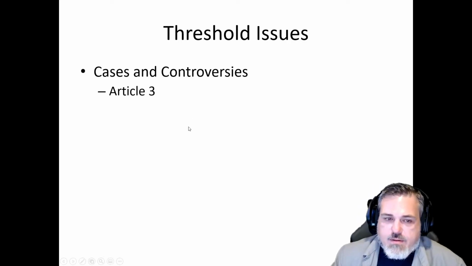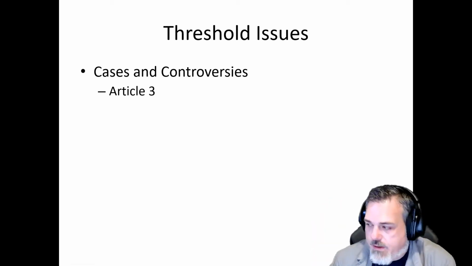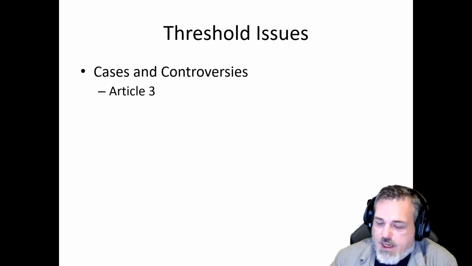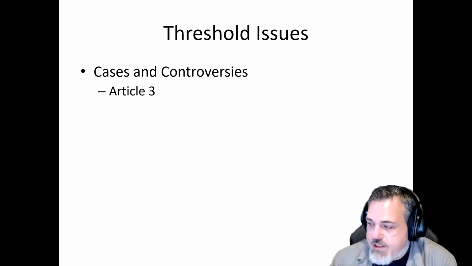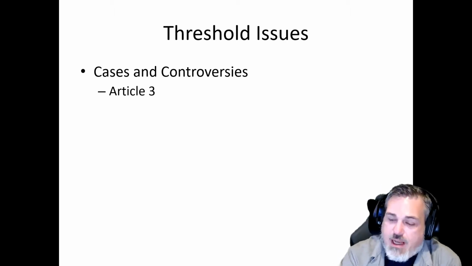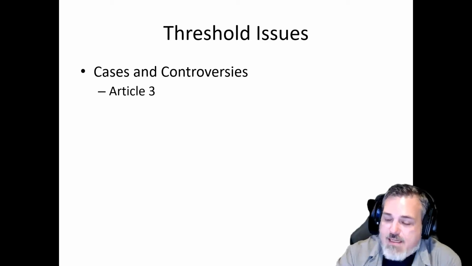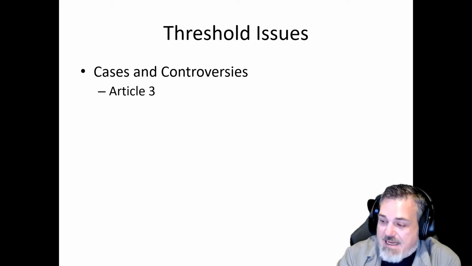Perhaps the largest constraint on the Supreme Court's ability to hear cases comes from Article 3 in the Cases and Controversies Clause. So in order for the Supreme Court to hear something, it actually has to be an ongoing case or controversy. What that means is the 2 sides have to actively be contesting each other and disagree on the outcome.